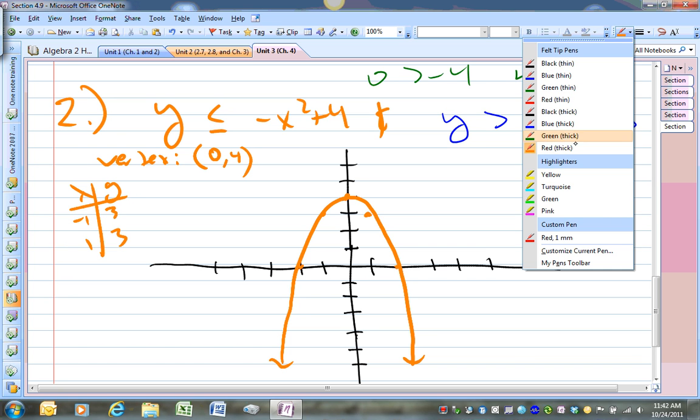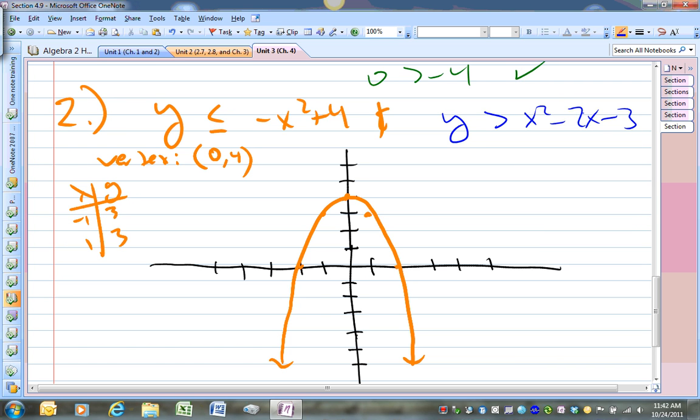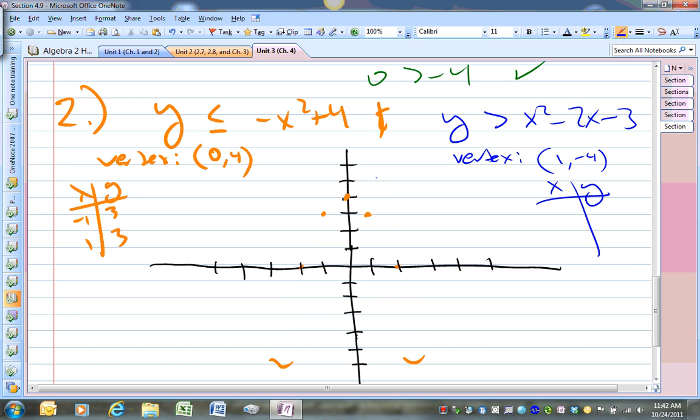If I do the blue one, the second one, which is y is greater than x squared minus 2x minus 3, if you find that vertex, I believe the x value would be 1, and the y value would be negative 4. Oops, wrong place.